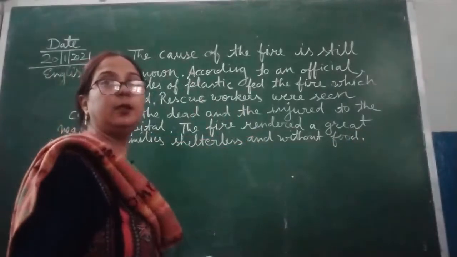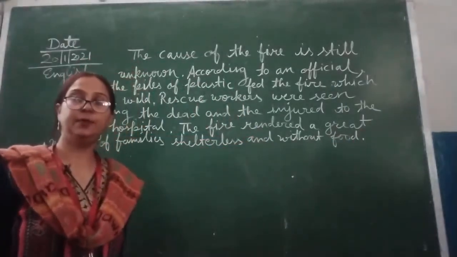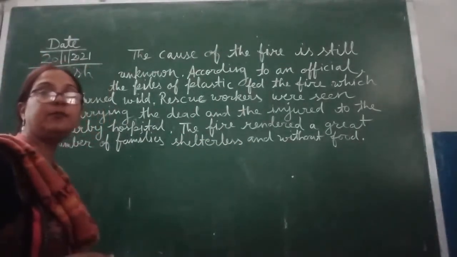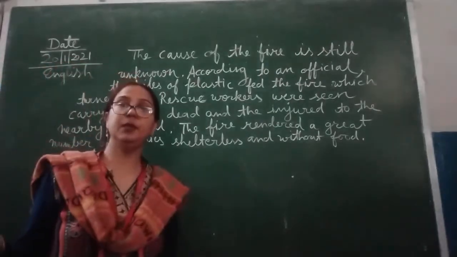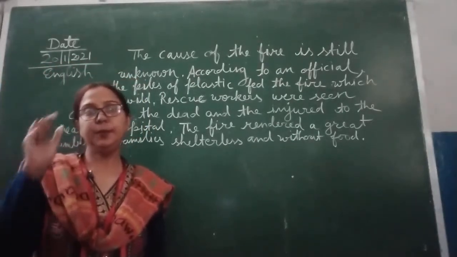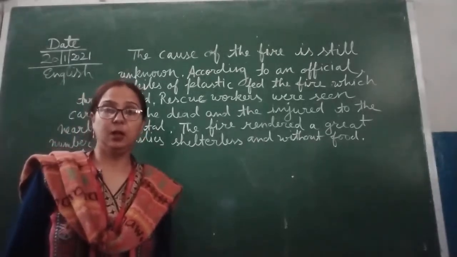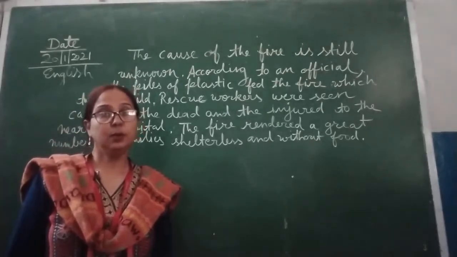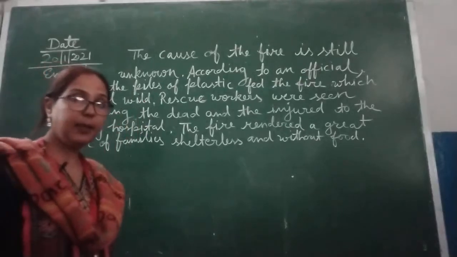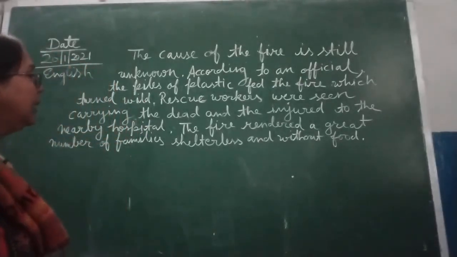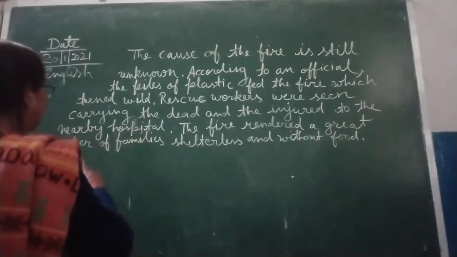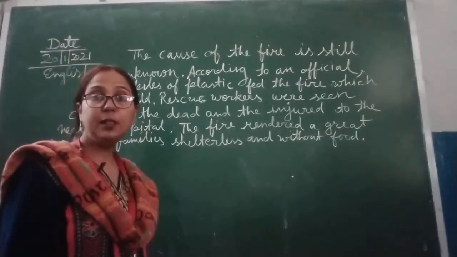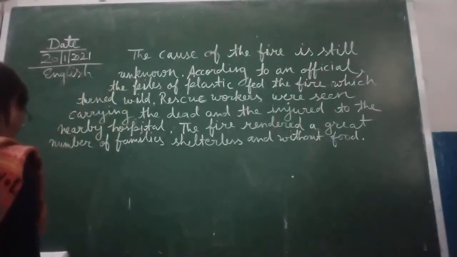Now children, here you are writing the consequences of that massive fire. The slum area is also called a very poor area, where the people living are not very capable to continue their living. So these types of things are there in the slum areas. So here you are writing the fact: the fire rendered a great number of families shelterless and without food, because all things were burned.